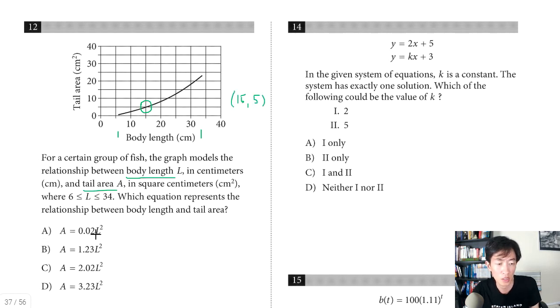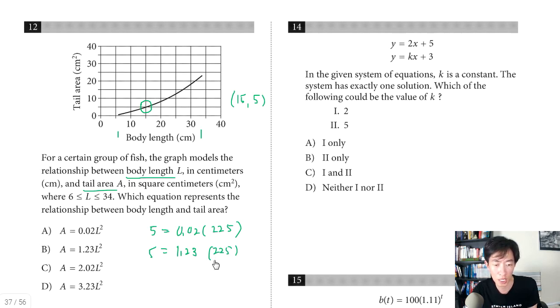So let's plug it into choice A. The y value is 5 equals 0.02 times 15 squared, which is 225. Now is 5 200ths of 225? It's about there. What you'll notice is that 0.02 times 225 is going to be a lot closer than 1.23 times 225, because if you multiply those two, you're certainly not going to get 5.